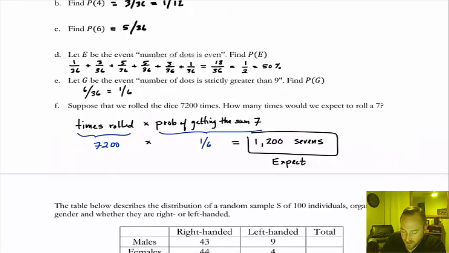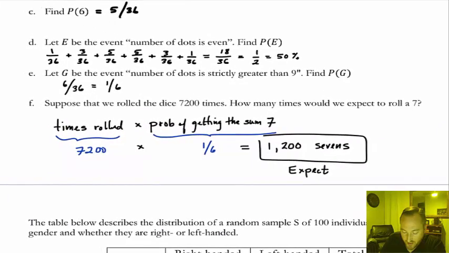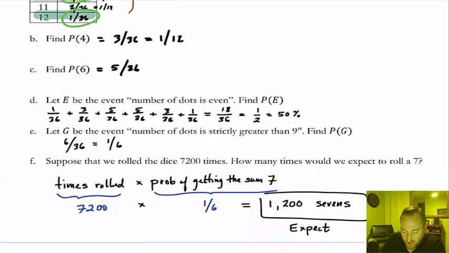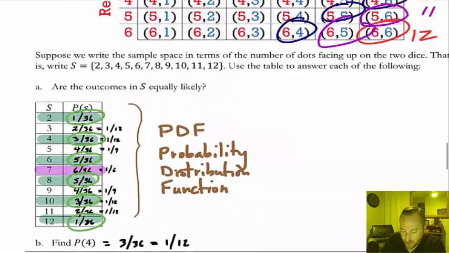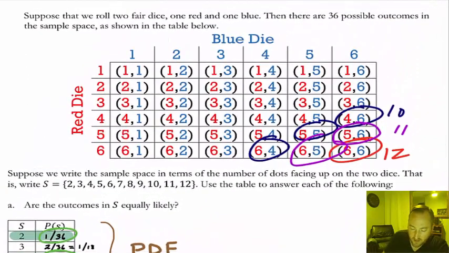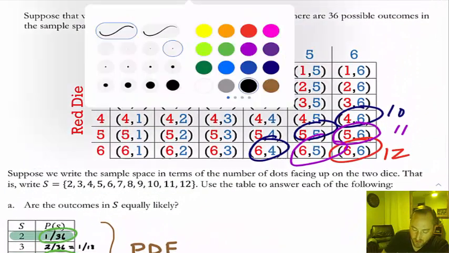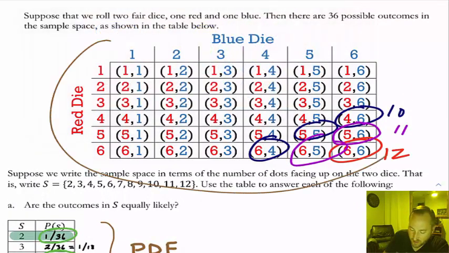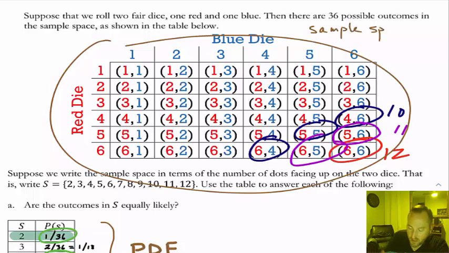All right, so this is example number 2 in this section. Kind of a slightly different concept, but more or less here working with this grid, and I'll just label this. This thing here is more or less our sample space. So that gives us our idea already given the 36 possible for our sample space and using our sample space to find probabilities. That was the main thing for this exercise.